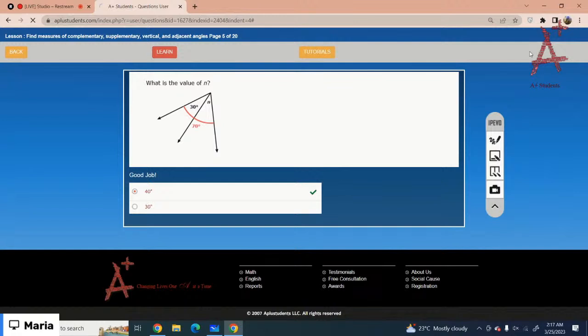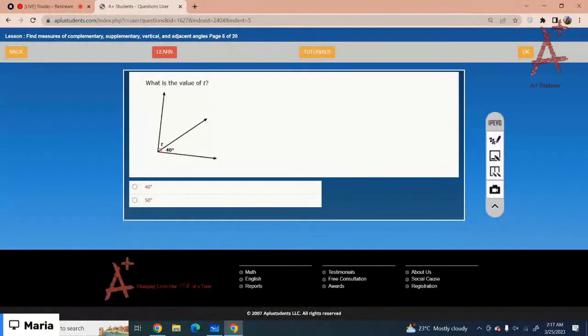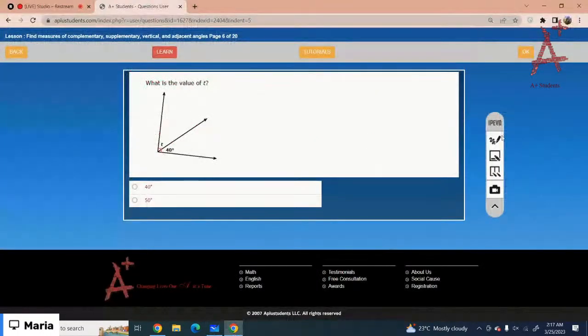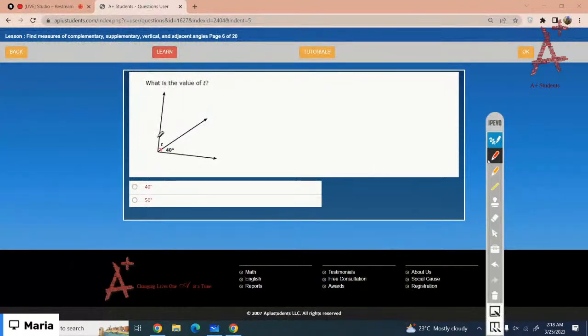Okay, the next one is, what is the value of t? The complete angle is the right angle. That means t plus 40 equals 90 degrees.